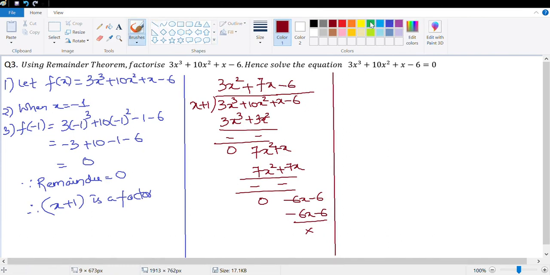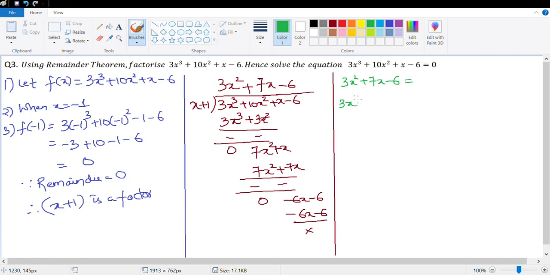Now to factorize 3x squared plus 7x minus 6. I need to find factors of negative 6 into 3, that's negative 18, the sum of which should be equal to plus 7. So 9 into 2, so plus 9 into negative 2.